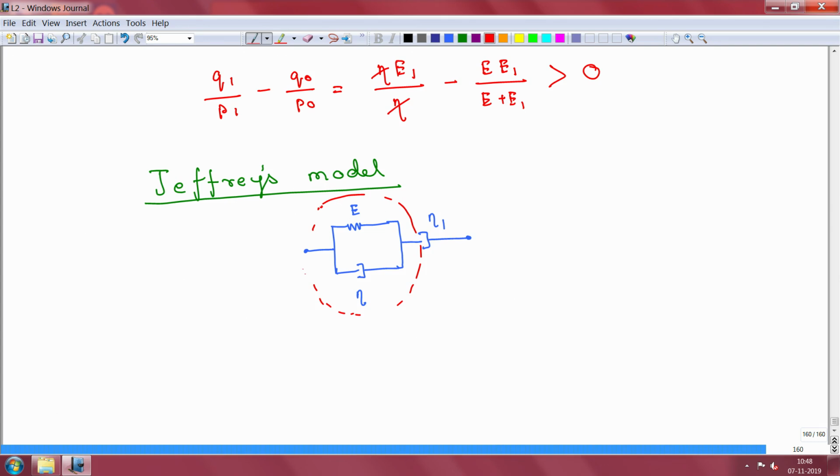So, this entire model will have a system level displacement where the displacement will keep on occurring even for small forces, right, and that is reminiscent of a fluid, not a solid. So, this particular Jeffreys model is appropriate for viscoelastic fluids, and that is why this is also often known as Jeffreys fluid.